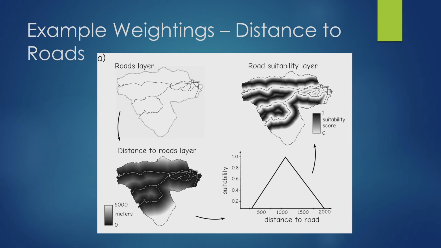In this case, what this is trying to say is that for whatever thing that we're concerned with here, actually, it's not very suitable at all if it's close to a road. The suitability increases, and then at a little over 1,000 meters, it starts decreasing again.